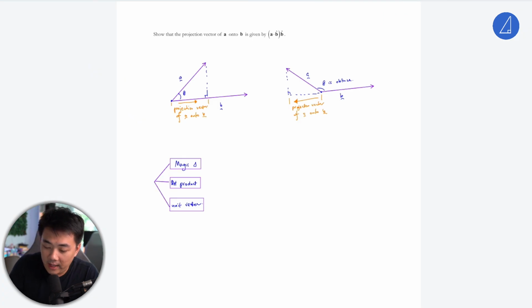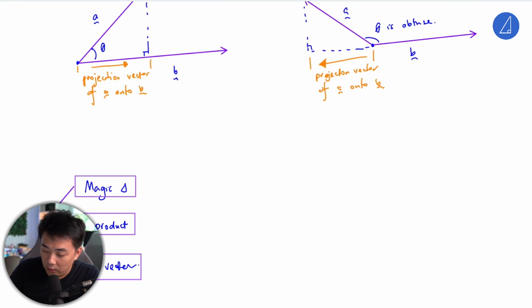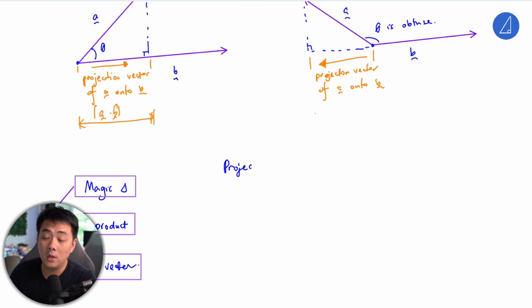I think the projection length is rather trivial. If you already learned the magic triangle, you know that the projection length here is this length. So the projection length of A onto B is just the dot product here, A dot B unit vector. Then similarly it is a length, so I don't take into account the direction.